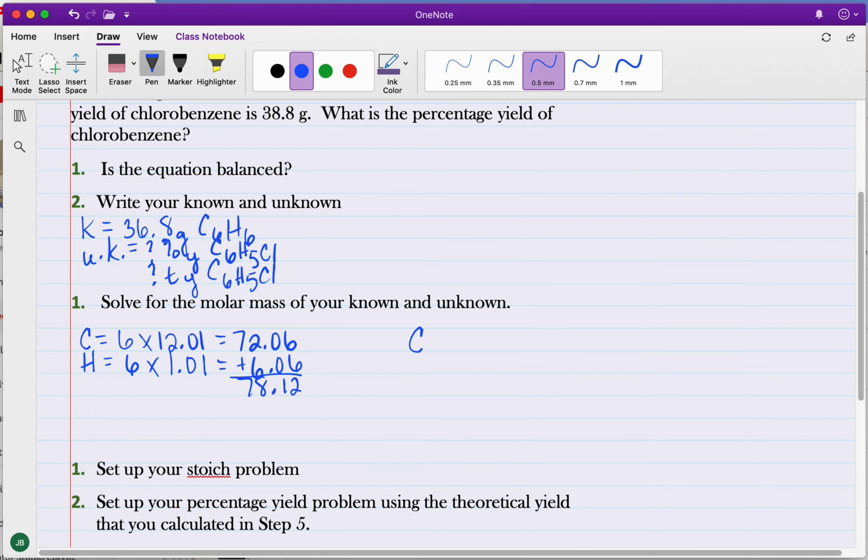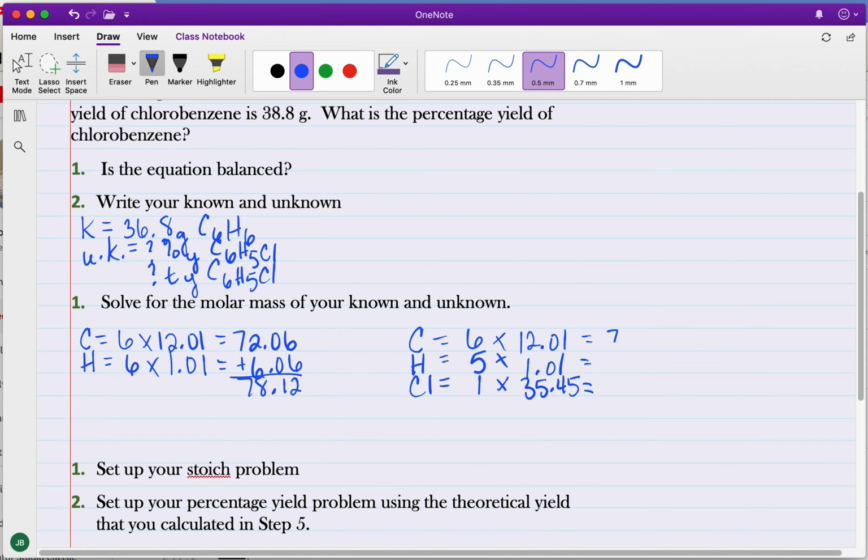All right, now let's do the chlorobenzene. So once again, carbon, hydrogen, and now we have a chlorine. We got 6 carbons, 5 hydrogens, 1 chlorine. 12.01 off the periodic table for carbon, 1.01 for the hydrogen, and 35.45 for chlorine.